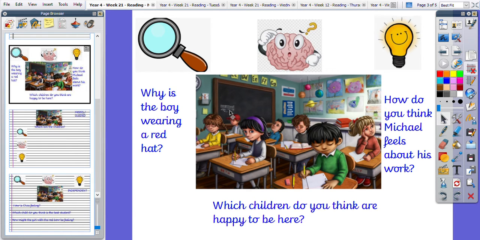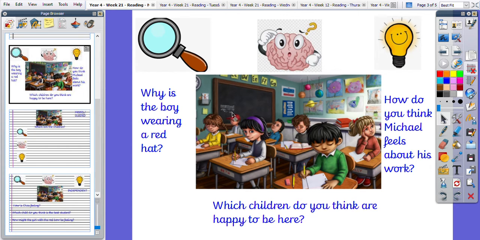So maybe he's wearing a hat because he's embarrassed about his hair, because he's around his friends. Maybe he's feeling cold because he's also got his jacket on. And we know that we wear hats because we lose heat from our heads. So we're using our idea of finding clues, linking this to what we already know, and then making a point.